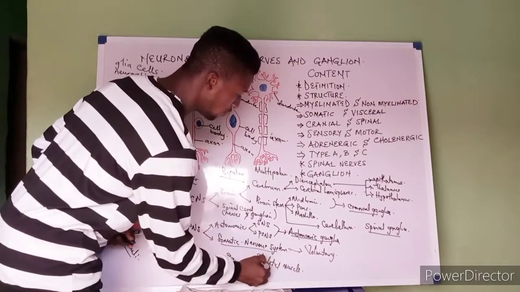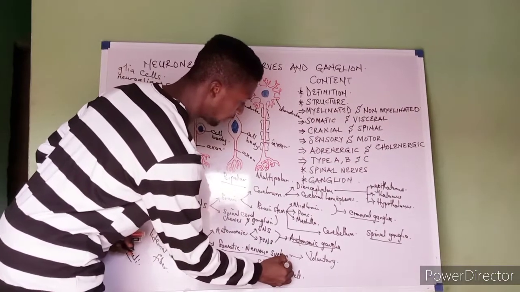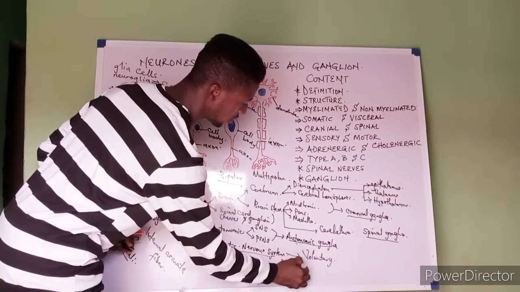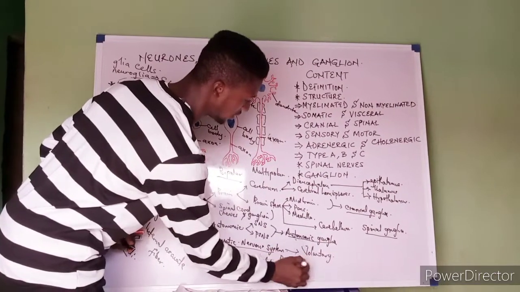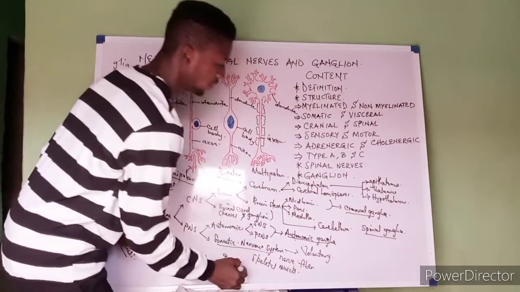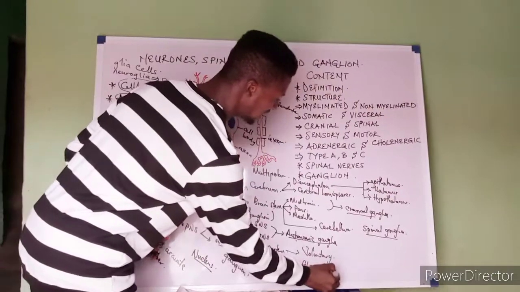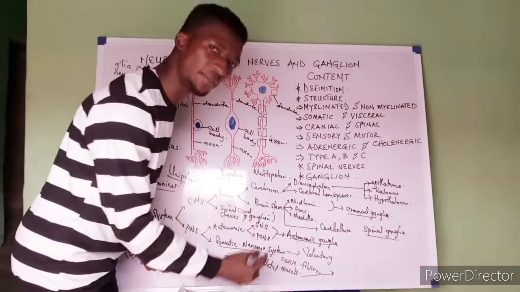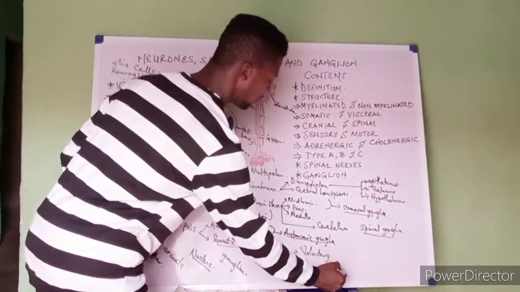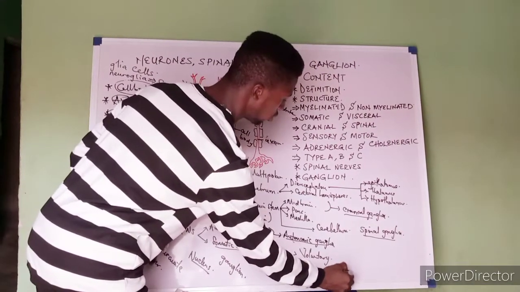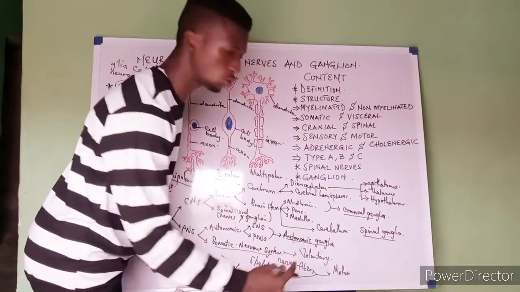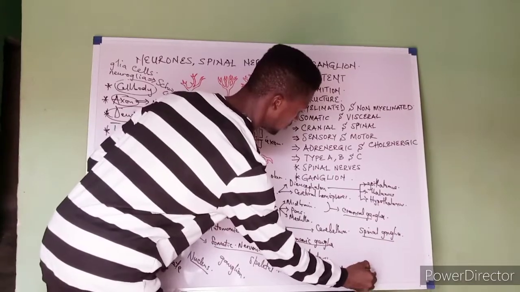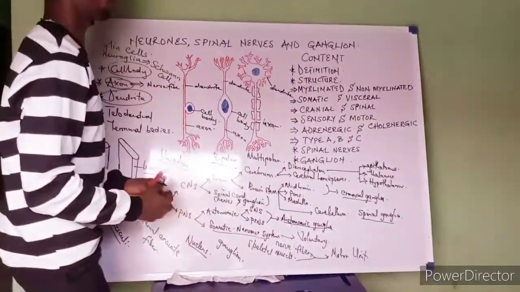So this is the skeletal muscle, and we have the nerve fiber. These two will typically be called a motor unit. So this is a motor unit.